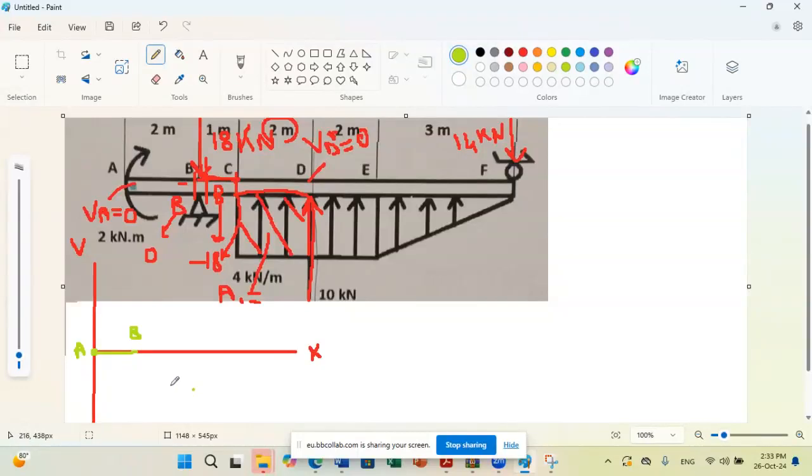I have a downward jump. So I will go downward minus 18. So the value here was 0, and the value here is minus 18. Now, as we said, from B to C, also no change. So it will remain minus 18 until C.